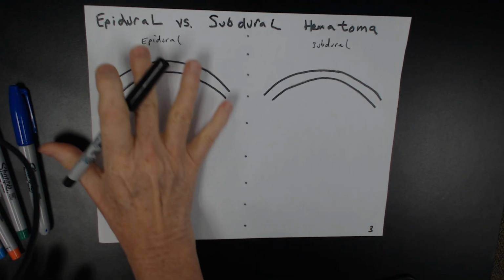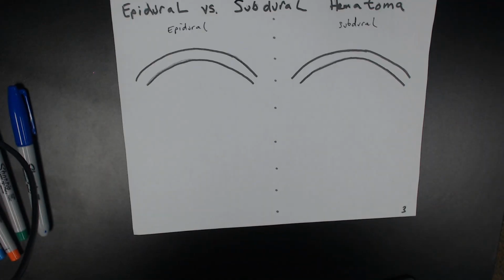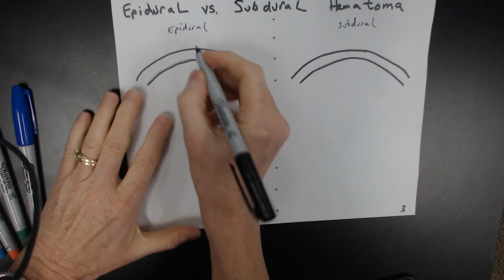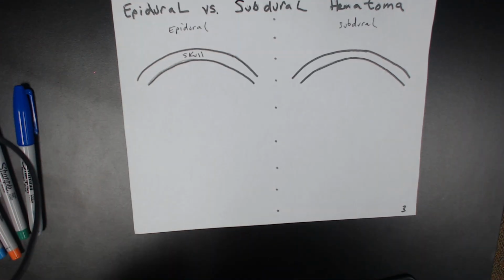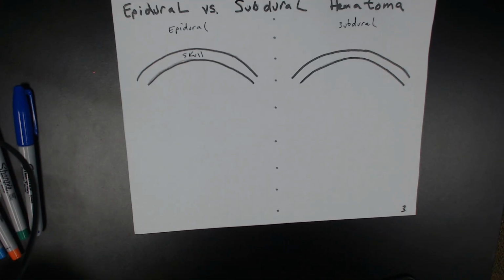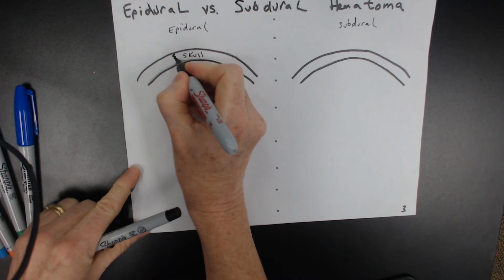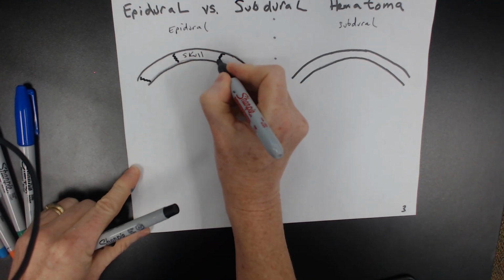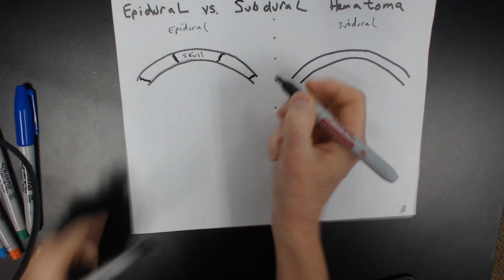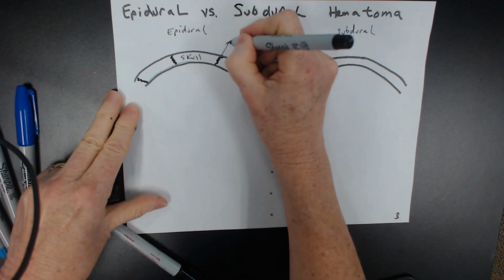Like I said, I'm going to start over here on the left side of the page with the epidural hematoma. And again, this is a skull. And that skull has the suture lines that we labeled a minute ago. I'll put sutures.